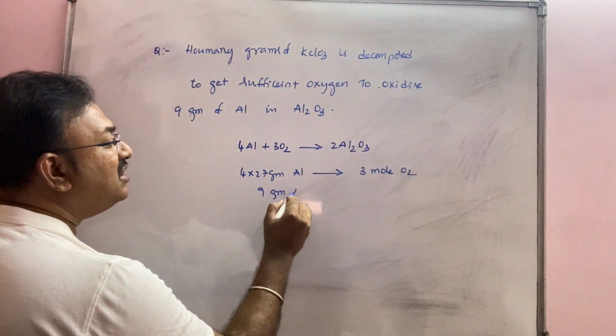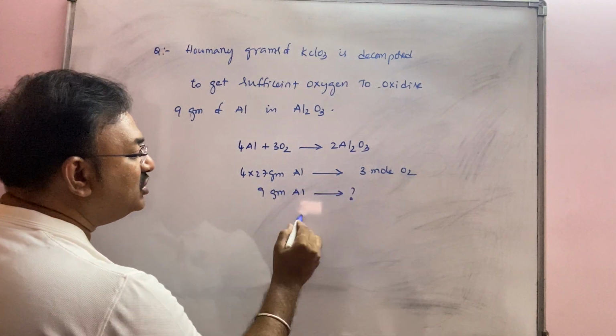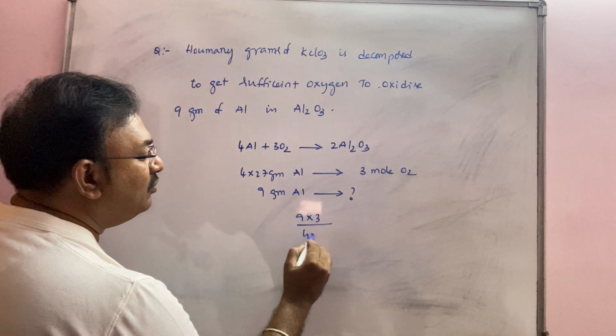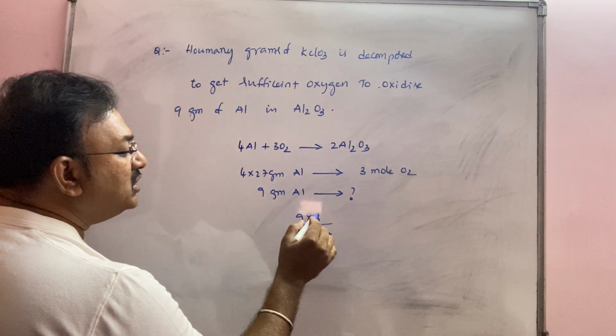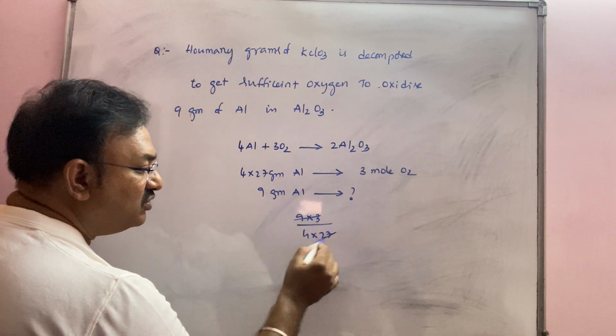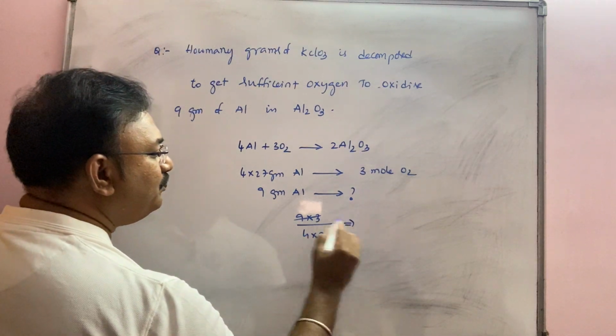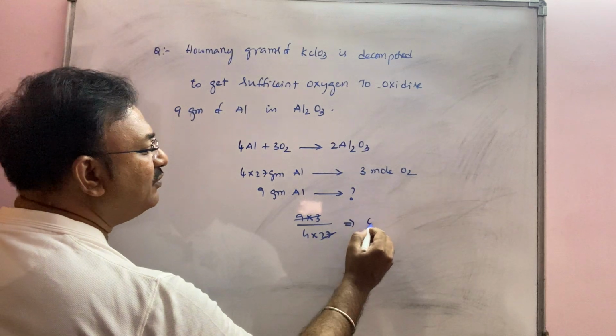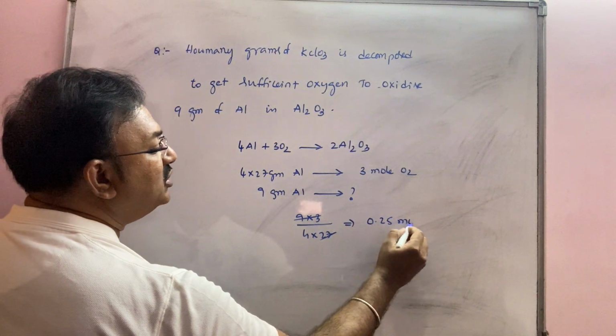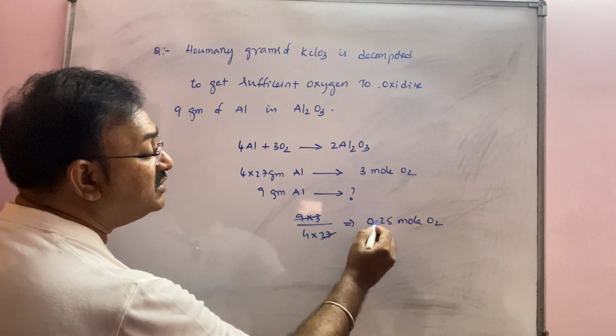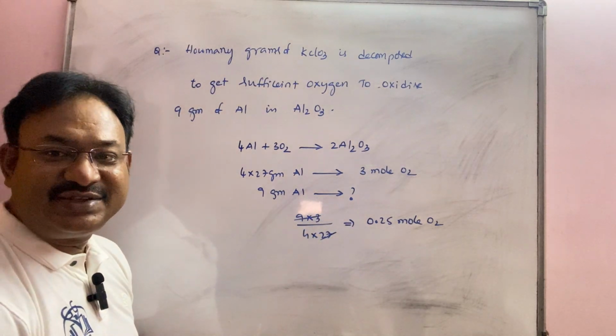Then 9 grams of aluminum can oxidize how much? So 9 into 3 by 4 into 27. 9 threes are 27, so 27 gets cancelled. So you are getting 1 by 4, that means 0.25 mole of oxygen is required.